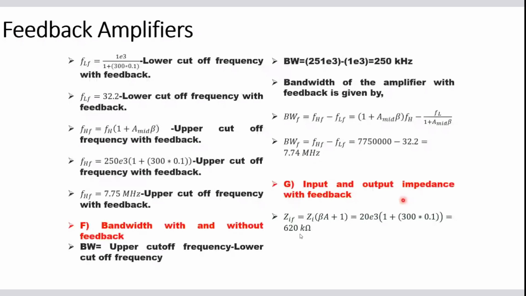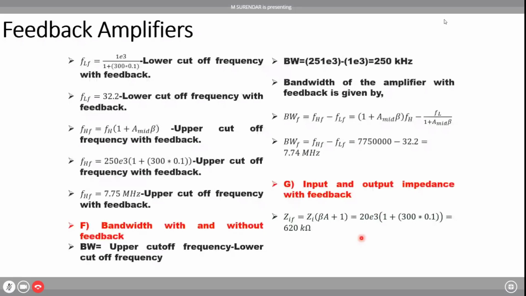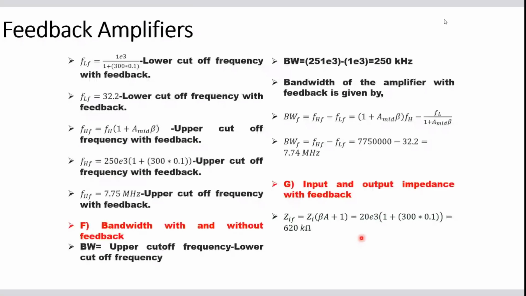So in the place of the input impedance, you can substitute 20 kilo ohms as given in your question, and this input impedance is now raised up to 620 kilo ohms. That means my purpose is served, because on introducing the feedback, my input impedance has to increase. So from 20 kilo ohms, it is increasing up to 620 kilo ohms.